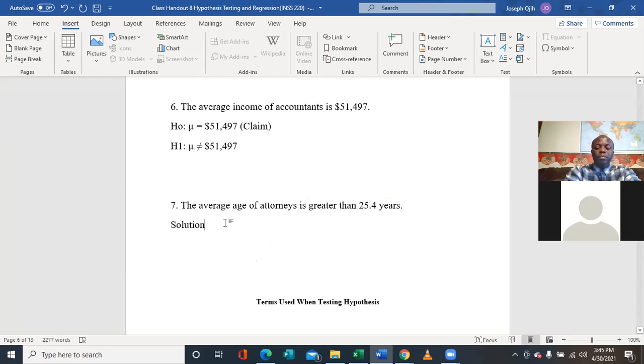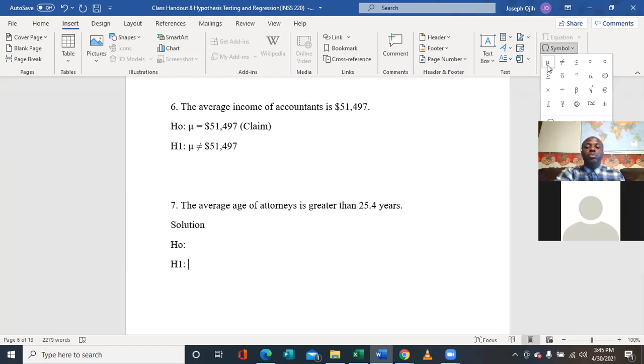So you have H0 and H1. In this case, it says greater than, so that means the greater than symbol can only be used in the alternative hypothesis. We have it as 25.4 years.